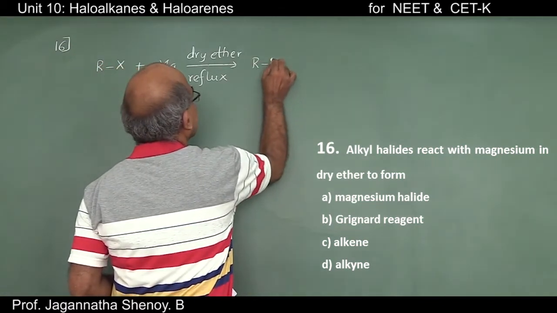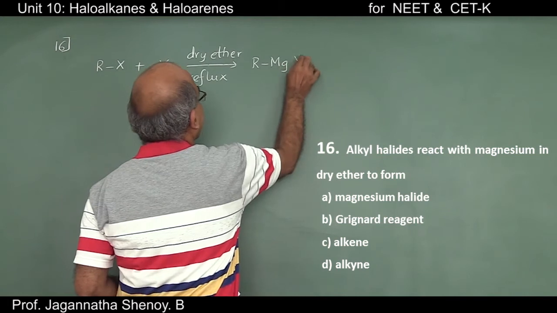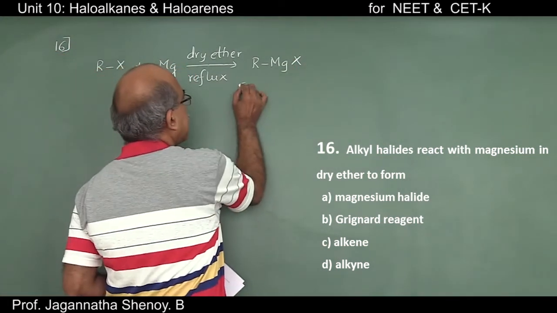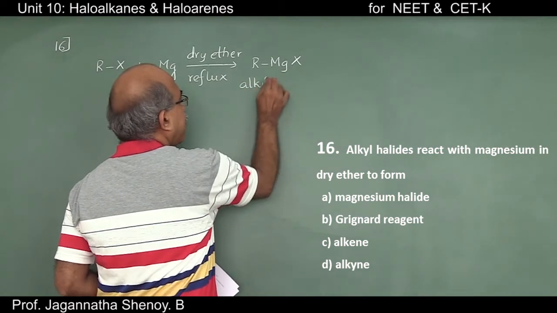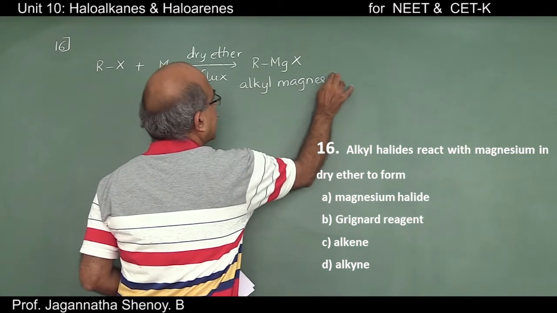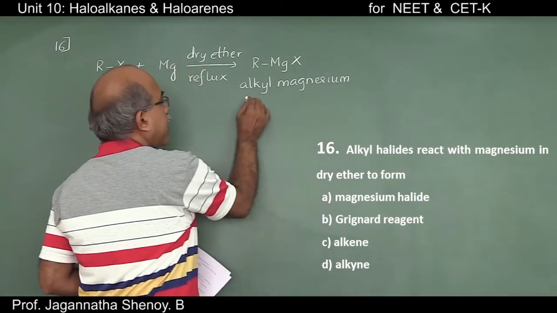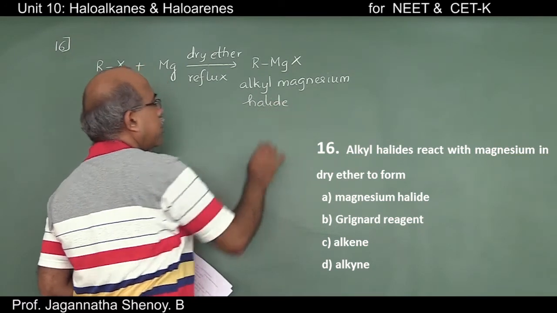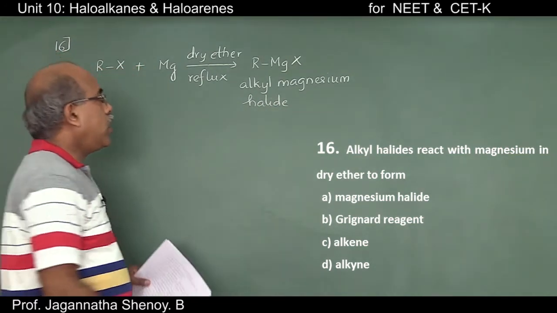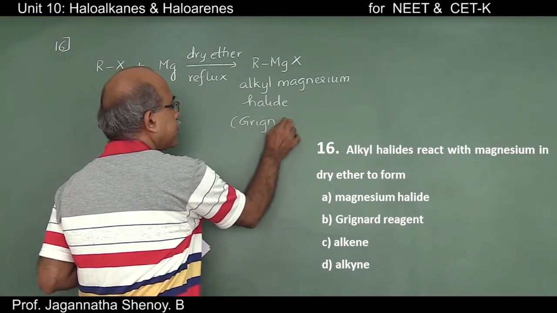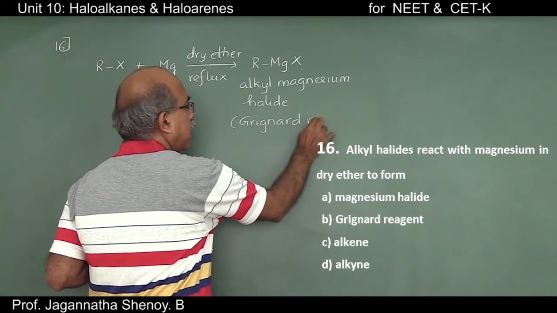What we get is RMgX. RMgX is nothing but alkyl magnesium halide, and alkyl magnesium halide in general, organomagnesium halide, are called Grignard reagents.